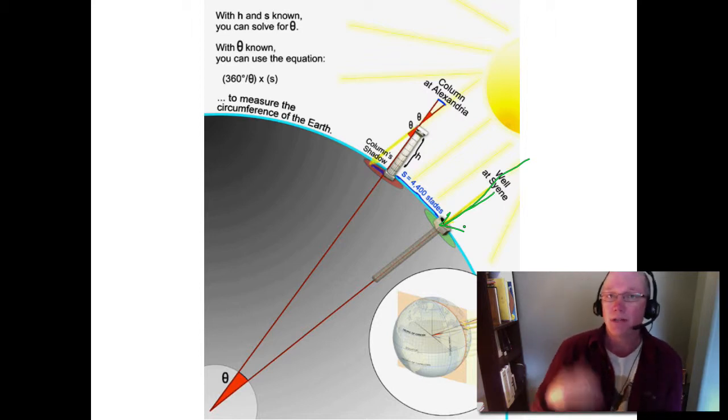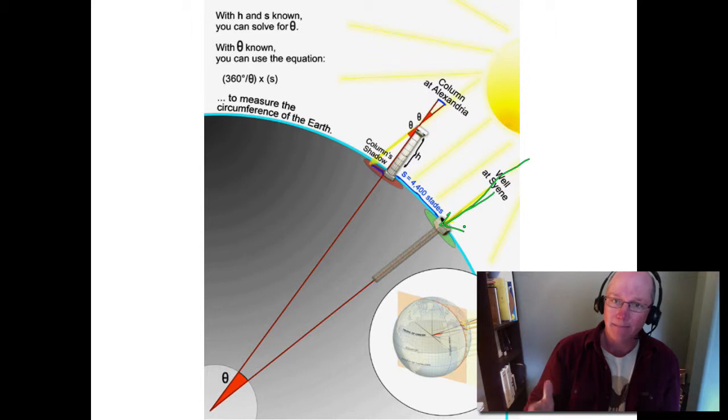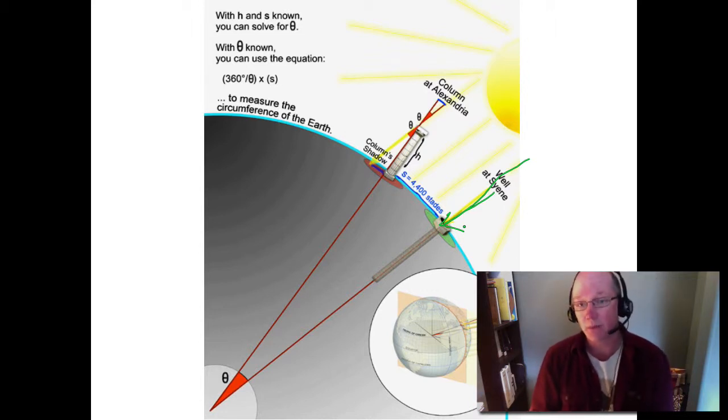So in other words, at the summer solstice, the sun was directly overhead in Sinai. So that was one piece of information.